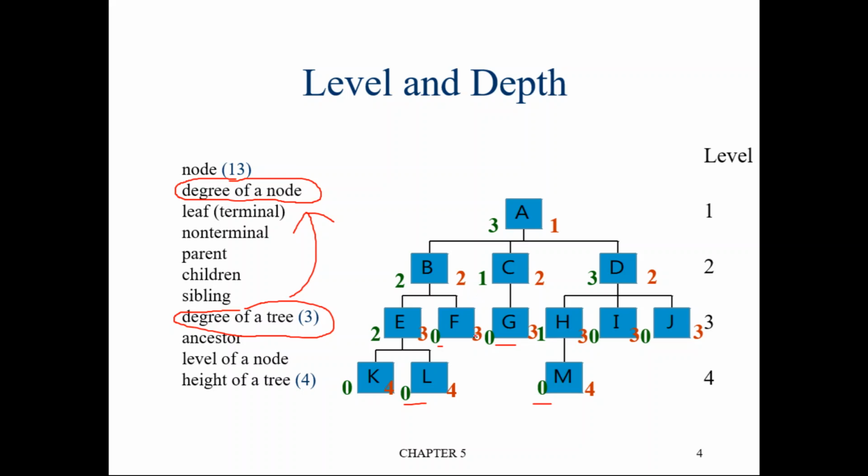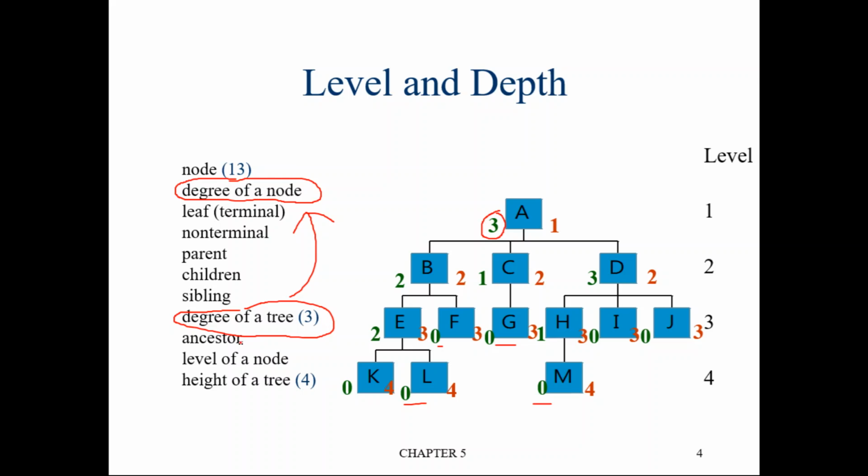So which is the node with the highest degree? Node A has the highest degree, and that is 3. So the highest degree of the nodes of a tree will be the degree of the tree. In this case, node A has the highest degree, which is 3, so the degree of the tree is also 3.